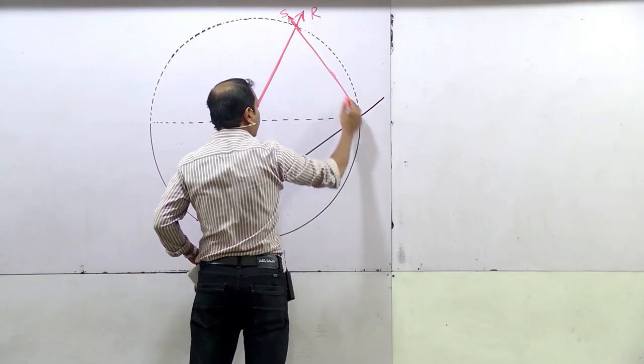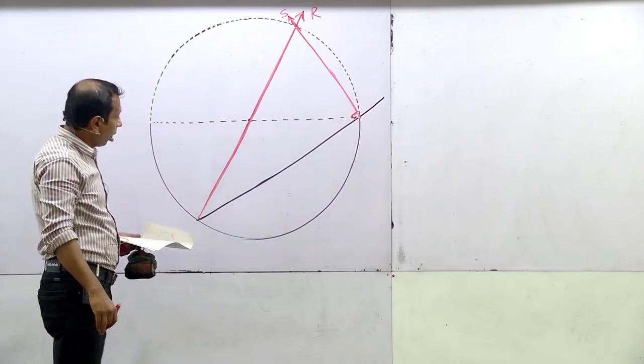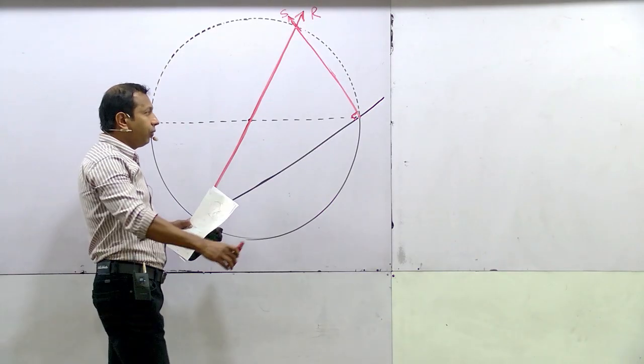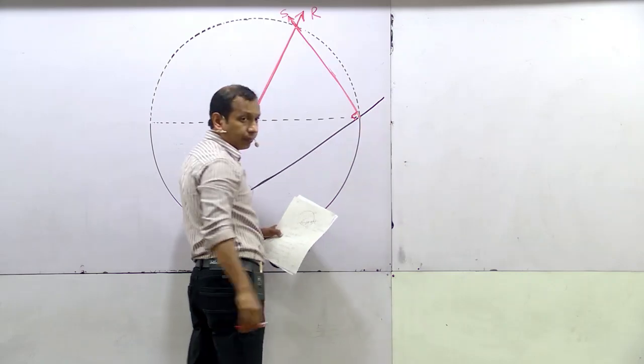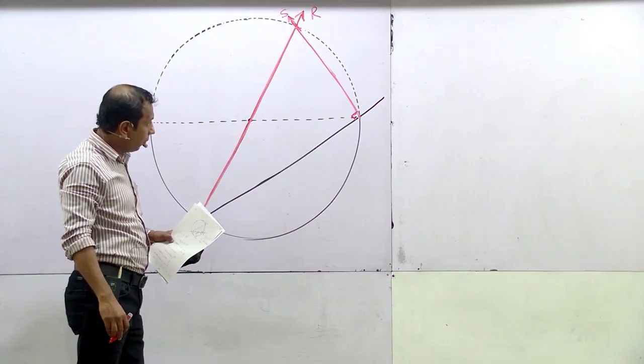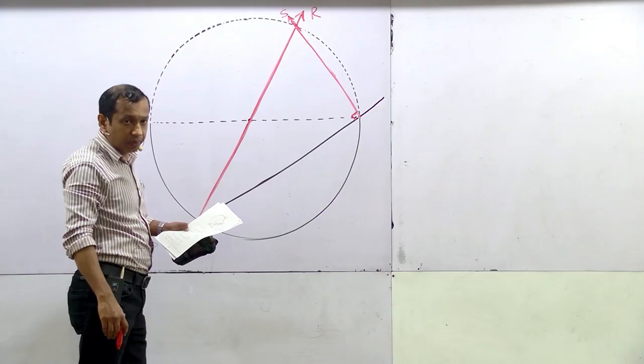Right. Then this is a uniform rod, and here also a weight is suspended. The weight of the rod is 2W. At the end B, a simple weight W is also suspended.